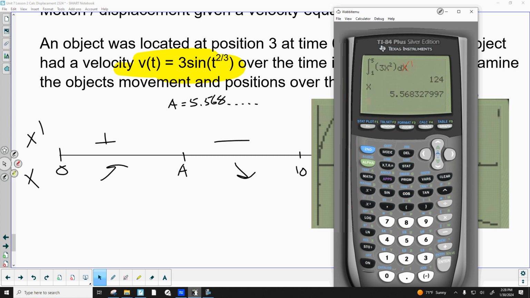Everybody locate the store button. Store is above the on. Store that X as A, because I'm using A right here. Second, wait, not second. Store, alpha A. Everybody figure out how to store.